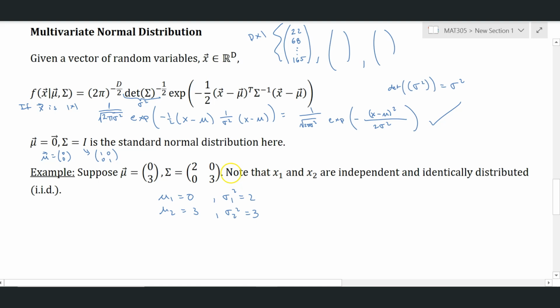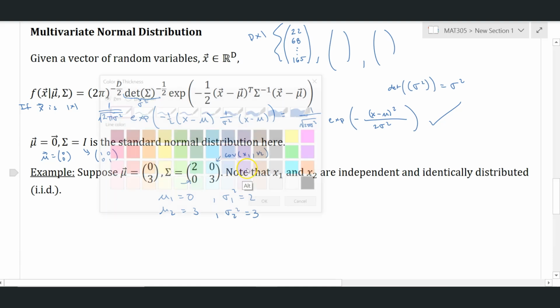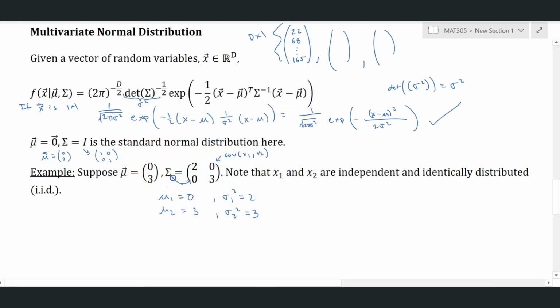And in this case, x1 and x2 are independent and identically distributed, because this right here would be the covariance between x1 and x2. This right here would also be that same covariance.